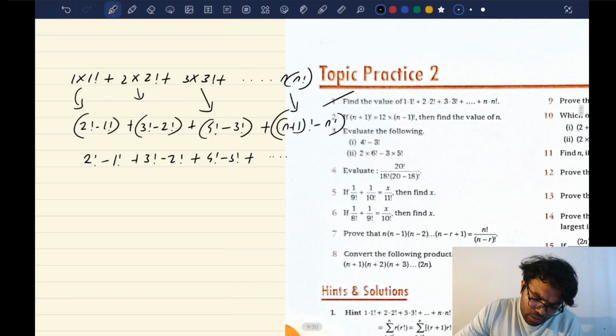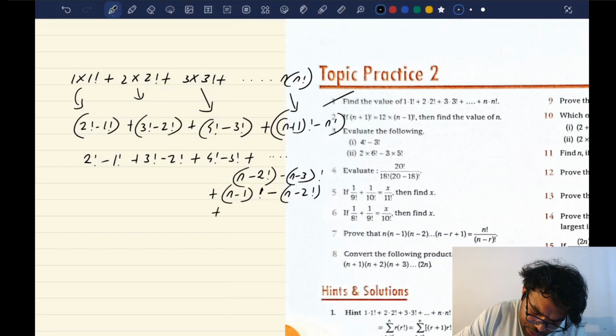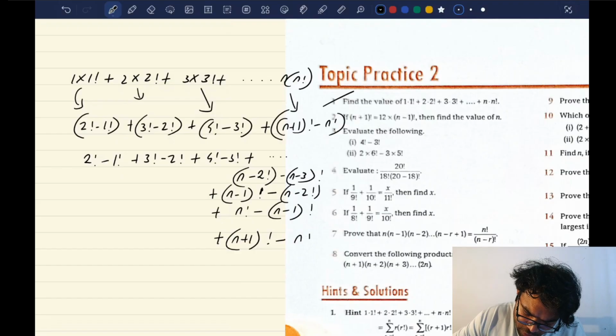So this will be n minus 2 factorial minus n minus 3 factorial plus n minus 1 factorial minus n minus 2 factorial plus n factorial minus n minus 1 factorial plus n plus 1 factorial minus n factorial.